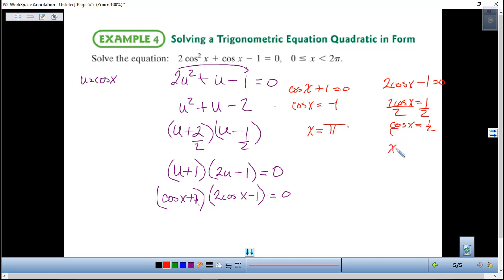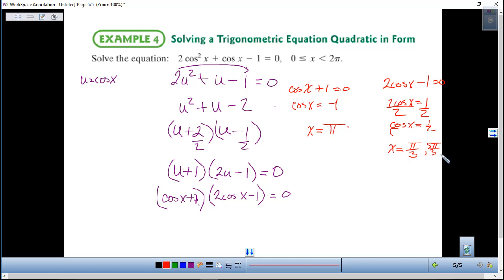So that means x is equal to pi over 3. And what's the pi over 3 in quadrant 4? Well, that's going to be 5 pi over 3.